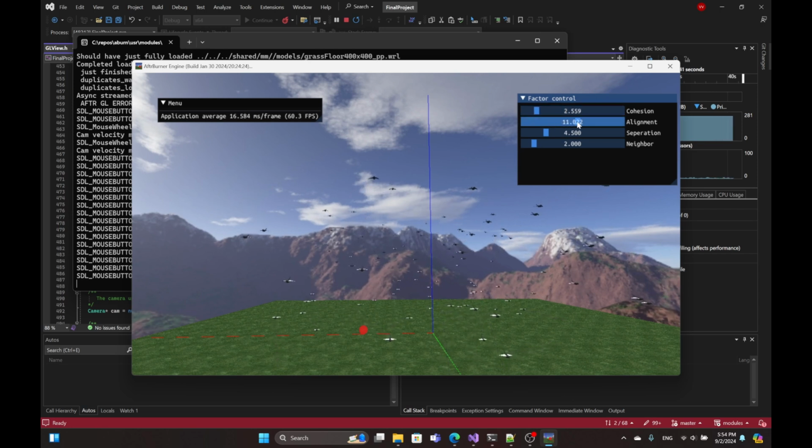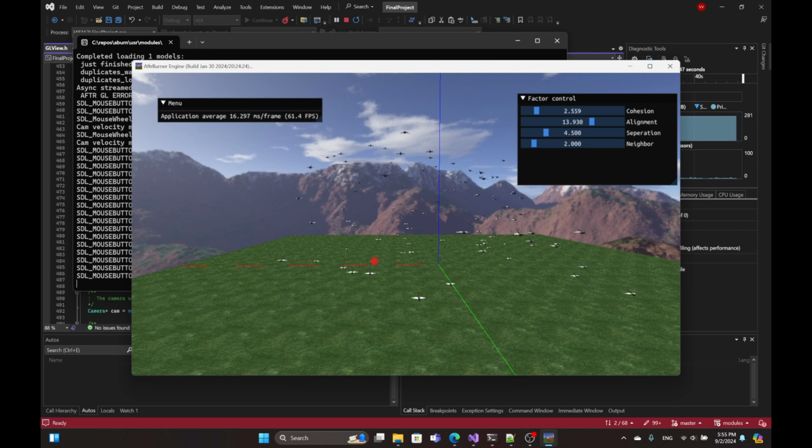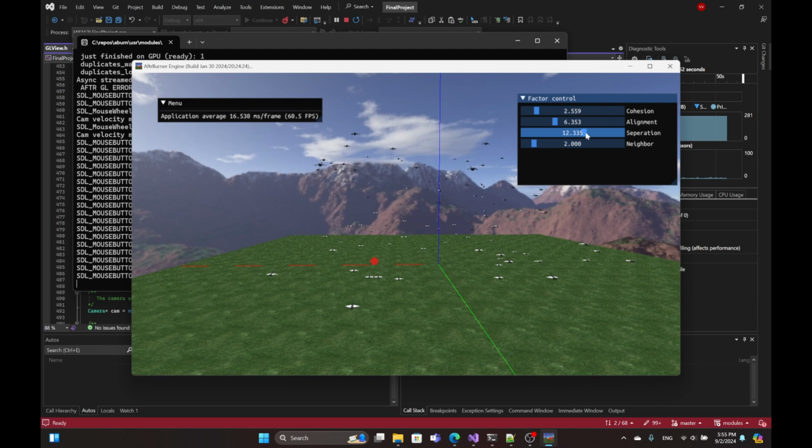Or alignment, meaning moving in the same direction, and separation, meaning to avoid each other, not to crash.